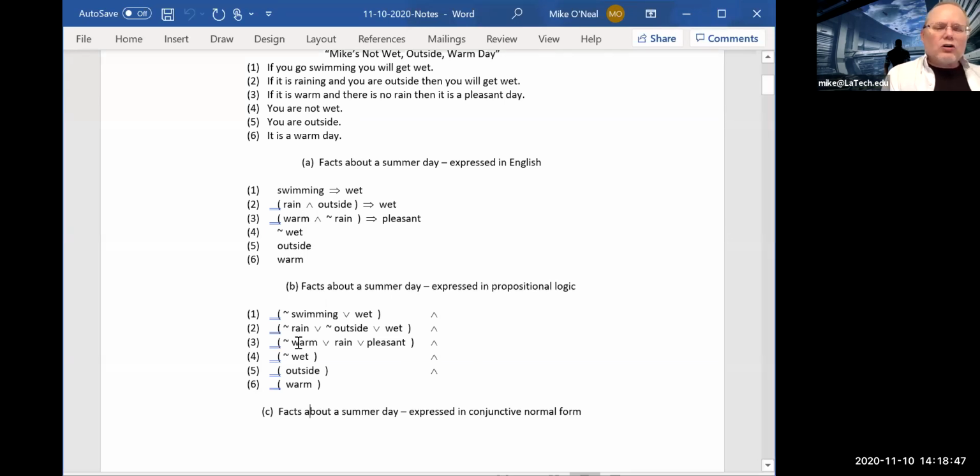That's one long statement, because these are ands, so all of the little parts are anded together. It is intended to encapsulate all 6 statements that we converted into propositional logic. By the way, this is conjunctive normal form.